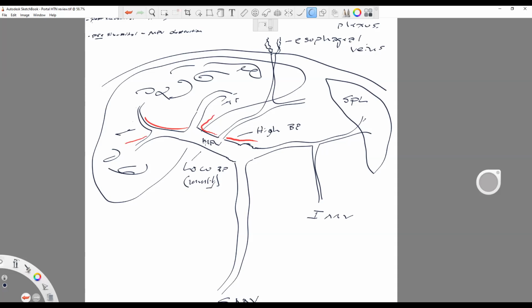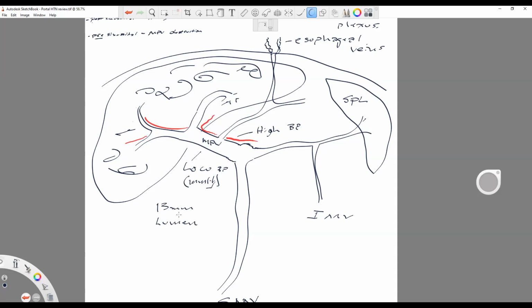At first it just slows down. You might still have forward flow, but perhaps the main portal vein gets a little bit big. 13 millimeters is the normal maximum width of the lumen, so when you measure this, you measure lumen only.